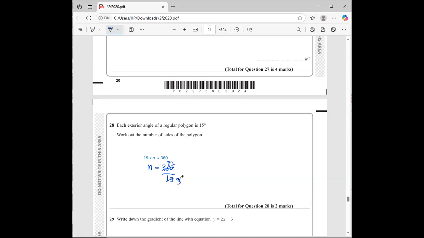Then you can do 3 in itself, 1. 3 in 72: 3 times 2 is 6, leaving you with 1. 3 in 12 is 4. So that's 24. So this polygon has 24 sides. Let me just write down the answer.